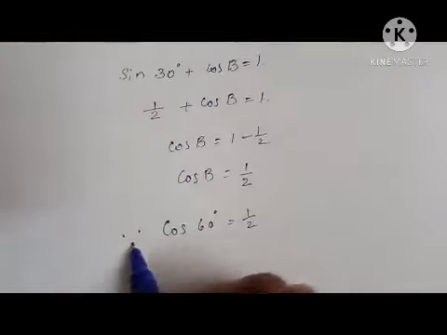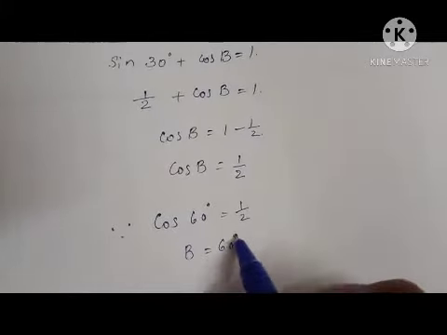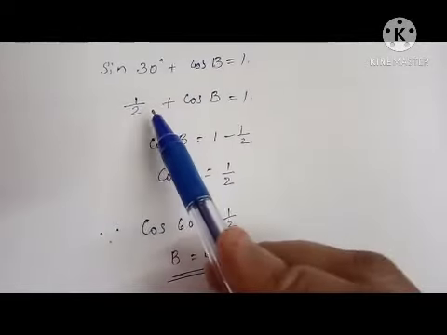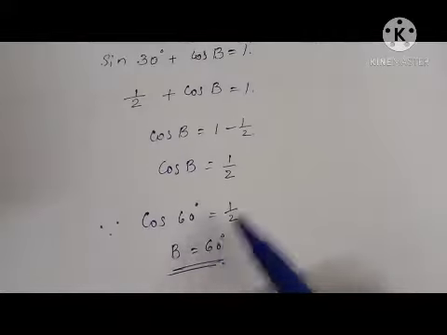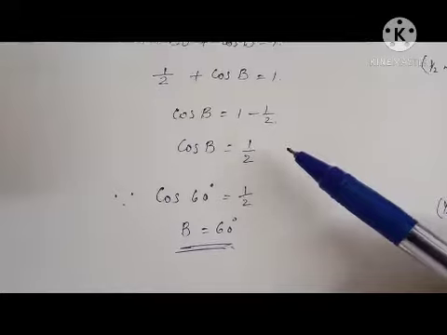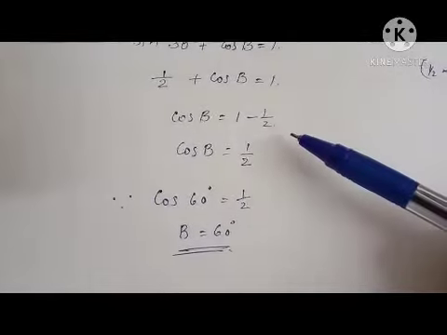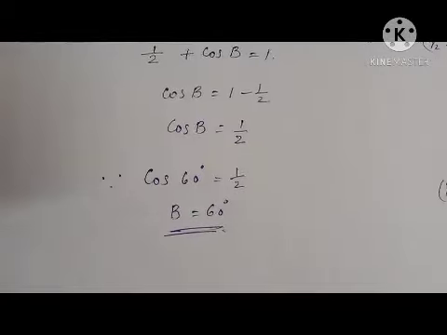Since cos 60 is 1 by 2, B equal what? 60 degree. For this question, there is half mark for the substitution of sin 30, and half mark for the last answer. 1 mark question. If you want, you can remove some steps, simplify the steps and get the answer easily.